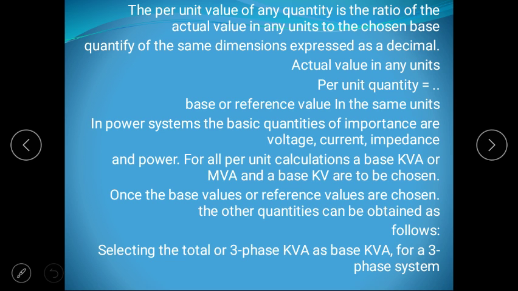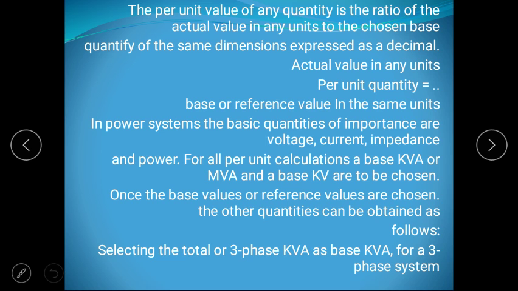It means per unit quantity is equal to actual value in any unit divided by the base or reference value in the same unit. In a power system, the base quantities of importance are voltage, current, impedance and power.